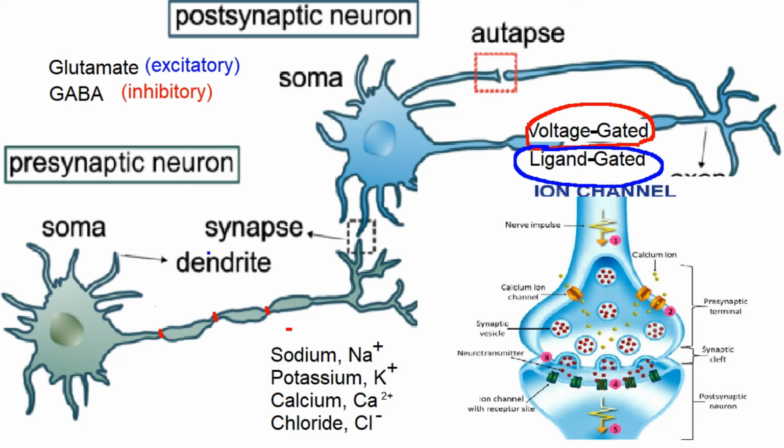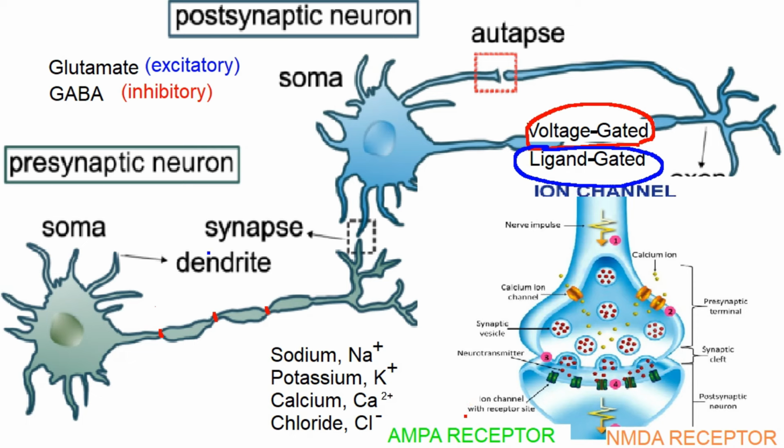What happens when the sodium rushes in through the ligand-gated ion channels is that it causes the charge of the postsynaptic neuron to increase to a certain level.